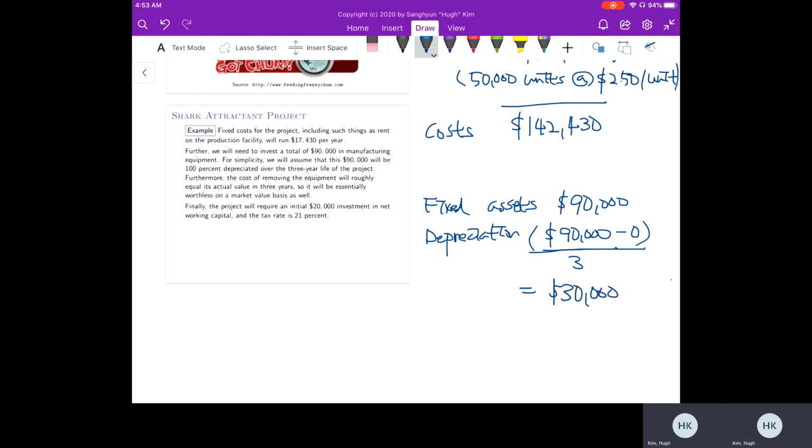So that's for depreciation per year, $30,000 per year for 3 years. So the $90,000 of fixed asset will be completely depreciated. Furthermore, the cost of removing the equipment will roughly equal its actual value in 3 years.